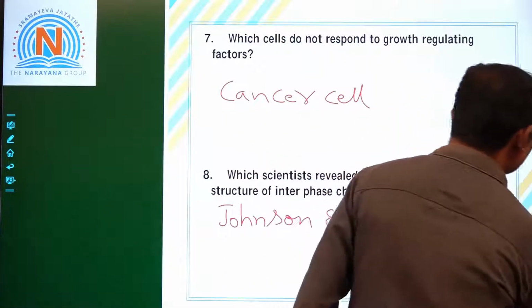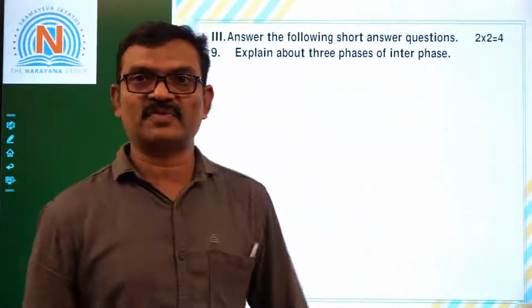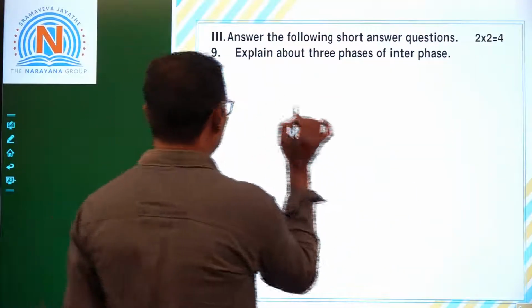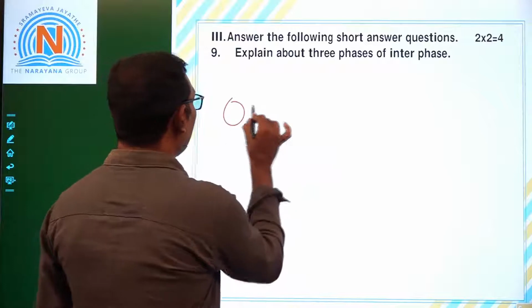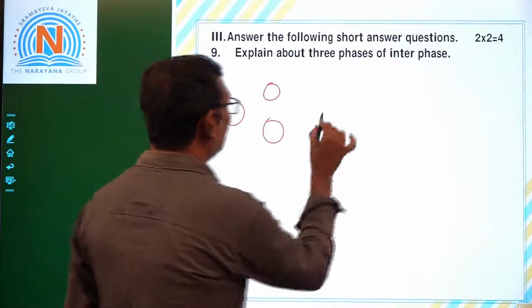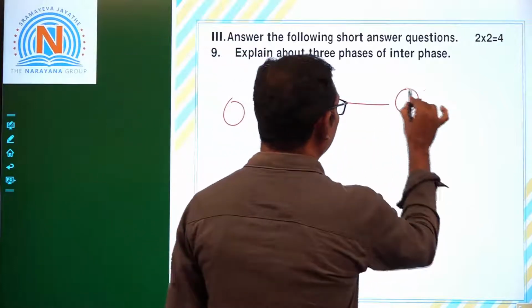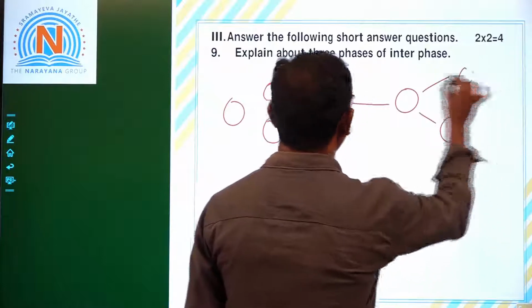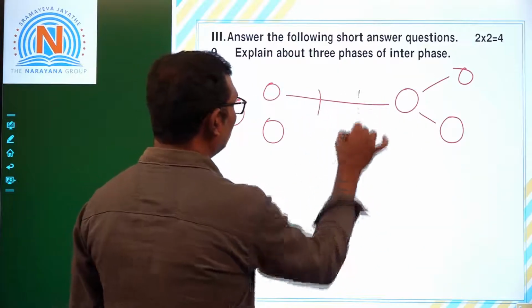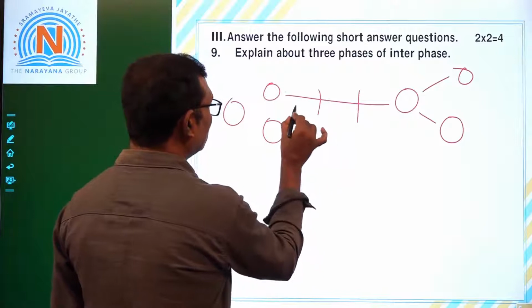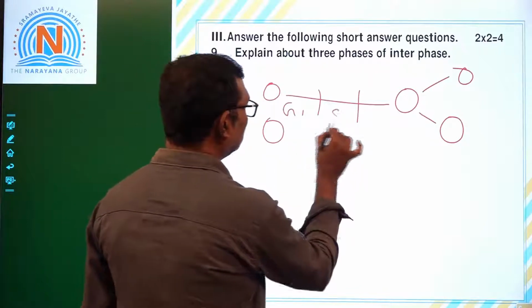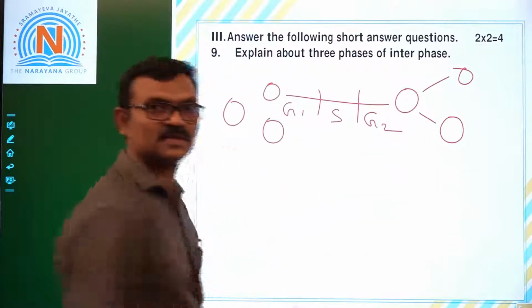Okay. Next question. Ninth question. Explain about three phases of interphase. The gap between two cell divisions is called interphase. In this interphase, there are three phases: G1, S phase, and G2 phase.